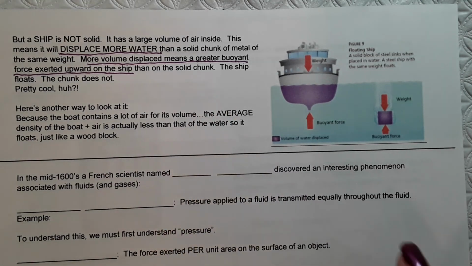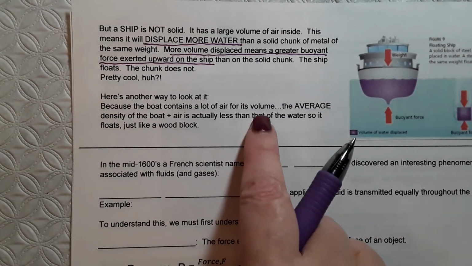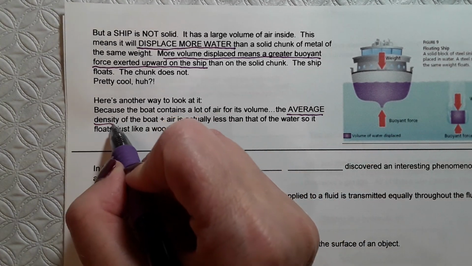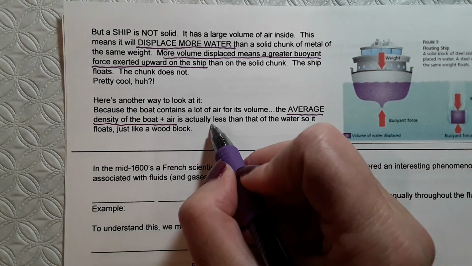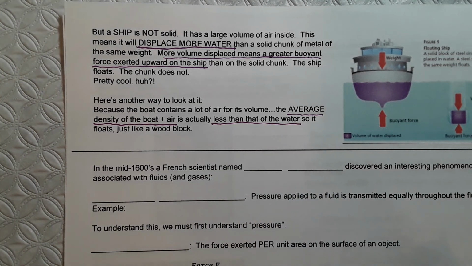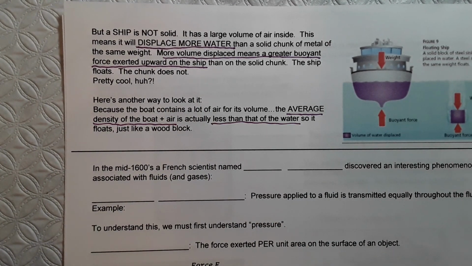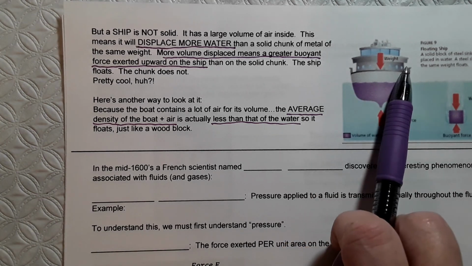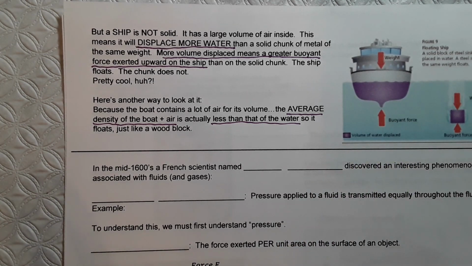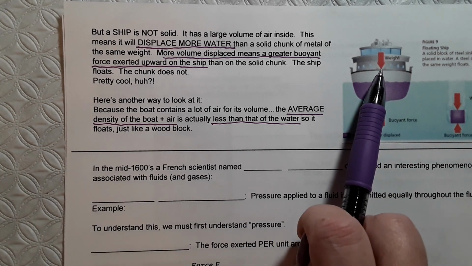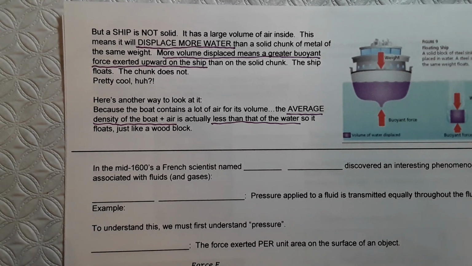So that's two ways we could look at it. We can look at it in terms of density and the average density of the boat plus air, which is less than that of water. Or we can look at it in terms of Archimedes' principle, the fact that that huge ship displaces a huge amount of water, enough water that its buoyant force will support the weight of the boat and make it float.